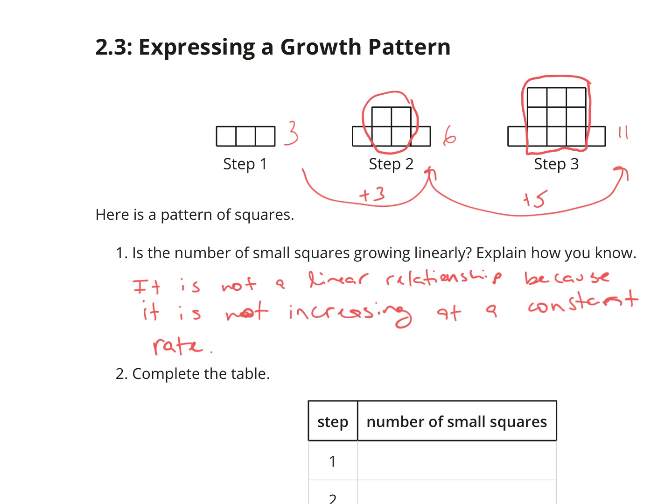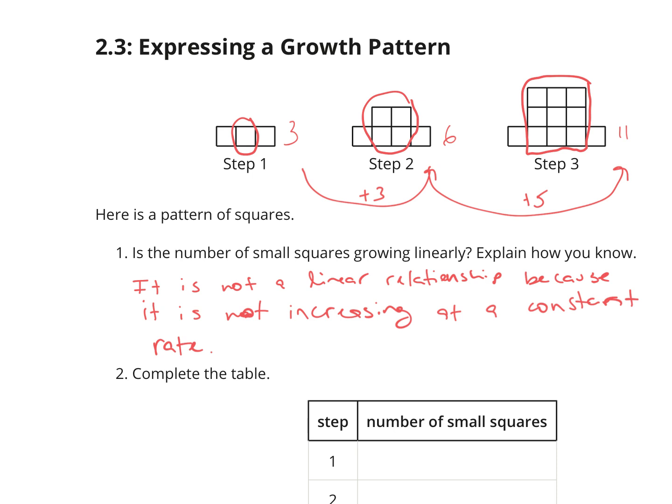There's a square that has a 3 by 3 array. It's a 3 by 3 square. You could even go back to step 1. That's a 1 by 1 square. So we can see that that inner square is made up of the step number to the second power, right? 1 to the second power is 1, 2 to the second power is 4, 3 to the second power is 9.